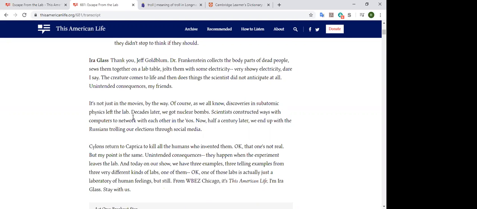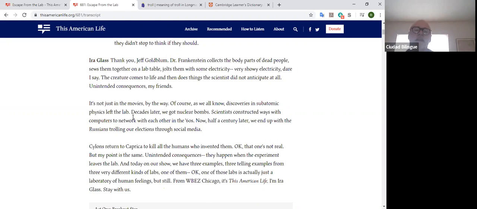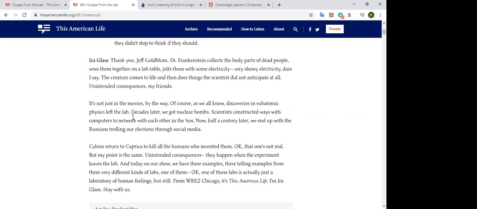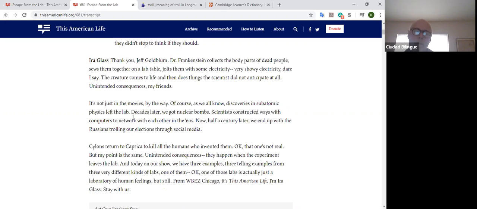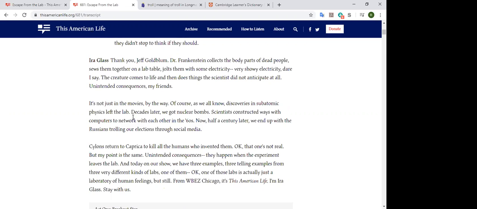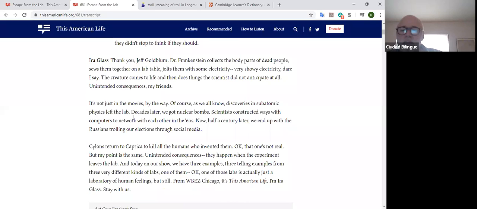I got it. What left the lab? Correct. What's the answer, Dora? Can you please repeat the question? What left the lab? Discoveries in subatomic physics. Discoveries in subatomic physics, what? You need a verb.